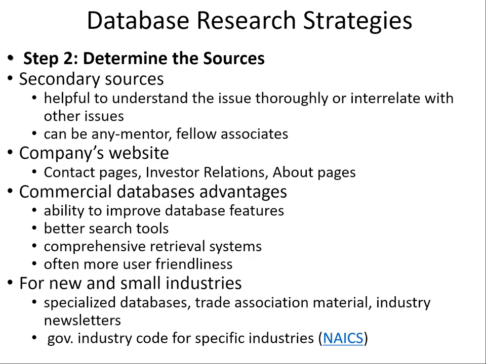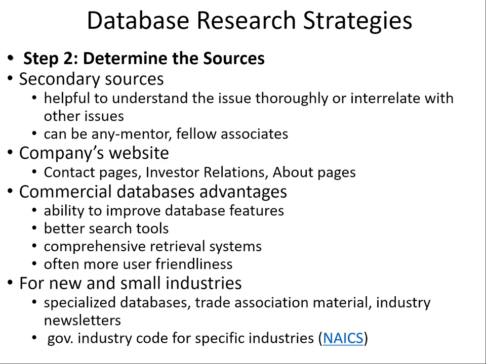Step 2, determine the sources. We can start with an easy source, like a secondary source, to help us understand the issue. The easiest one could be your colleagues, or someone in the office, and ask them if they have performed similar research before. And also, you can check the company's documents to see if similar research has been done before.